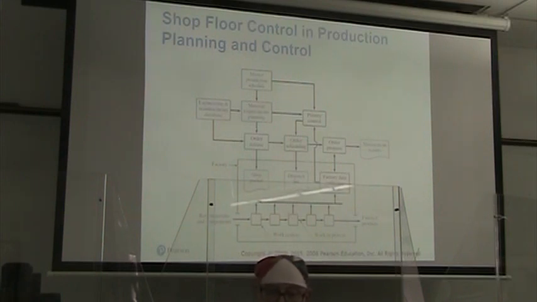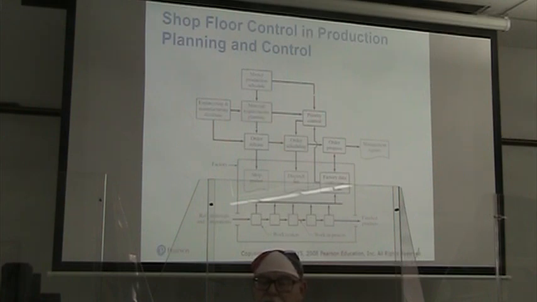All right, so we're looking at where our shop floor control fits into the production planning and control. So we have our master production schedule. It's going into our material requirements planning. Our engineering and manufacturing database is helping inform that, and also when we should release orders.